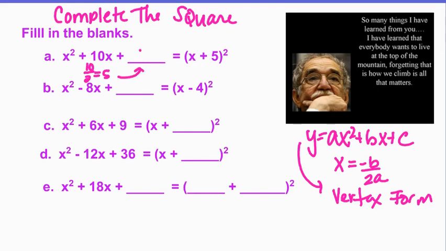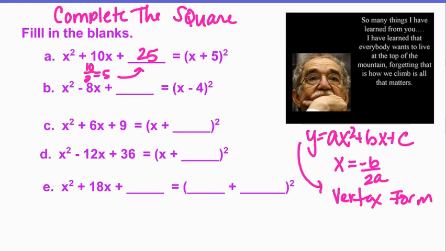And then if I square 5 and put it here, I get 25. Even if this was negative, right, negative b over 2a, and it was negative 5, I'd square it and I'd still get 25. This would be the factored version of it, and this would be the FOILed or expanded version of it.